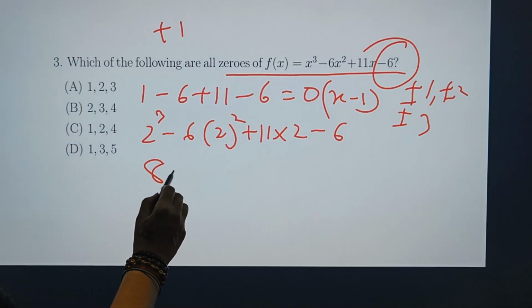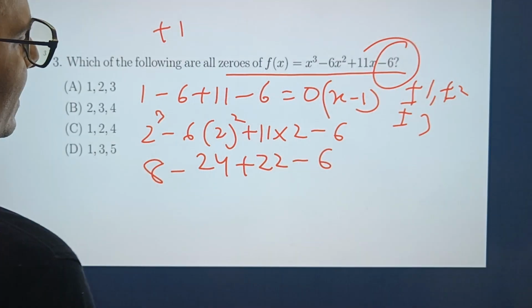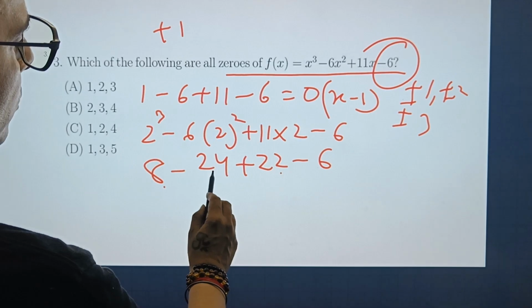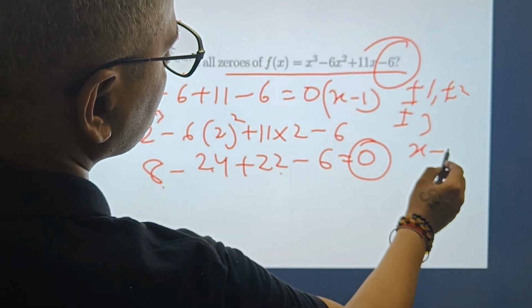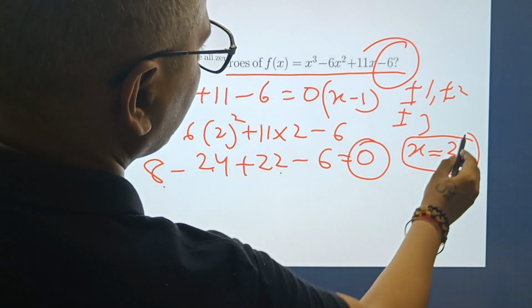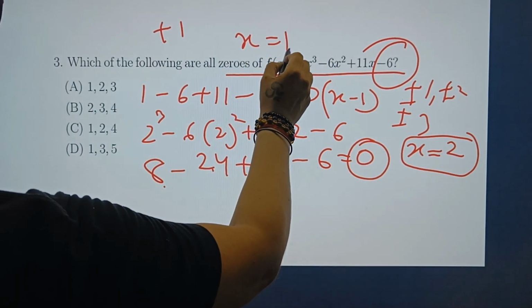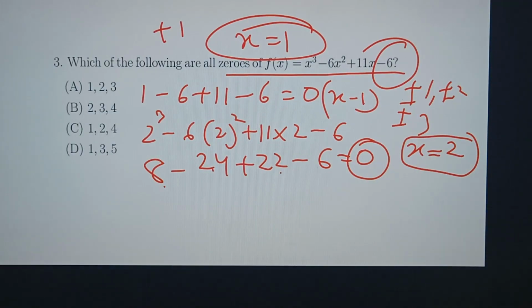This is 8 minus 24 plus 22 minus 6. Here 22 plus 8 is 30, and 24 plus 6 is 30. This is also equal to 0. That means x equals 2 is another factor. One factor was x equals 1. Very simple, so 1 and 2 are the factors here.